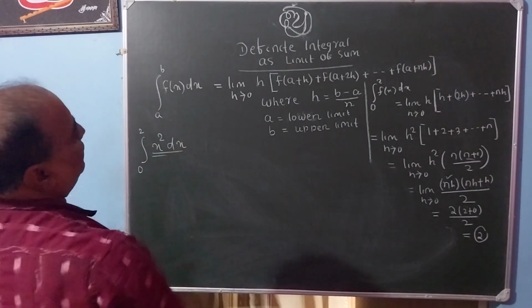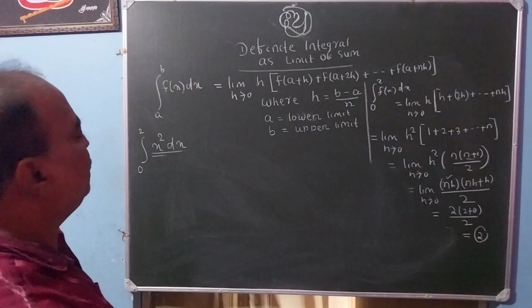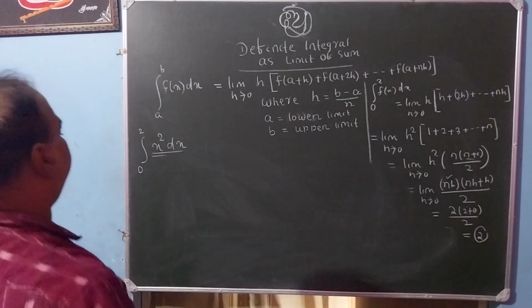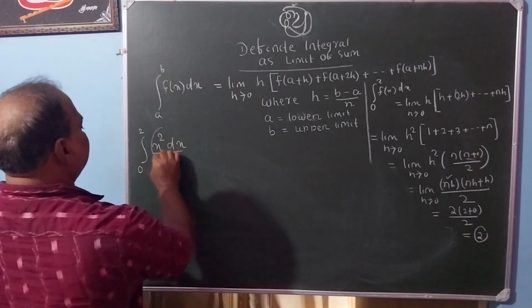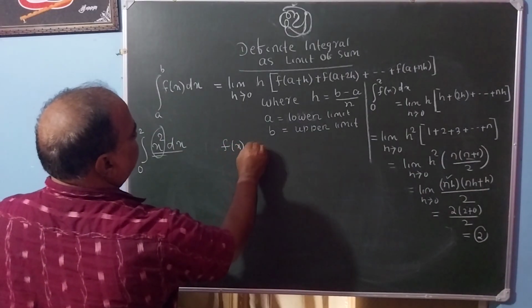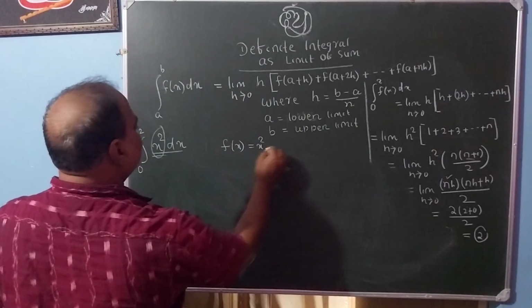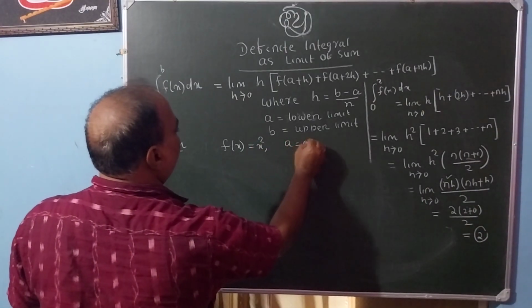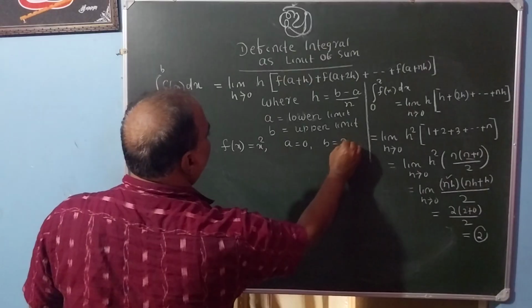By using the definite integral as a limit of sum, how can you do it? So here f(x) is equal to x square. Write down f(x) is equal to x square, a is equal to 0, b is equal to 2.